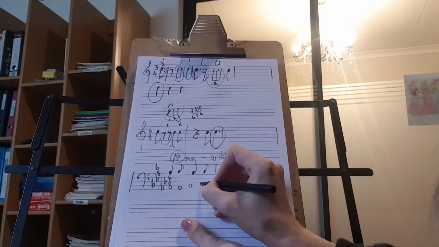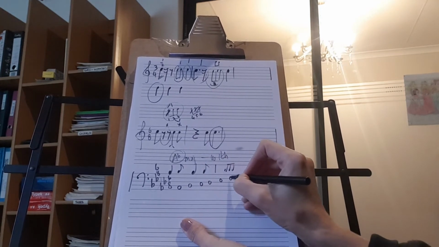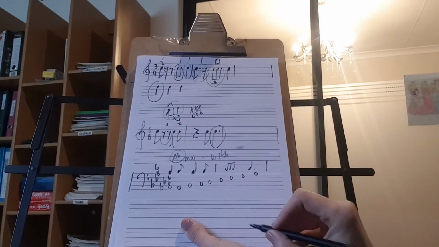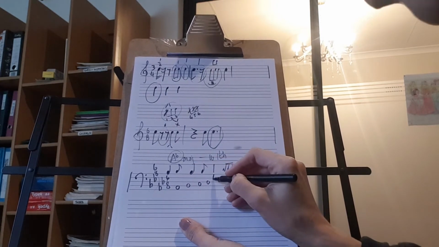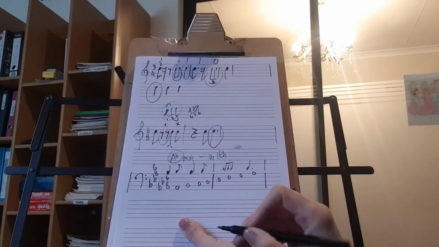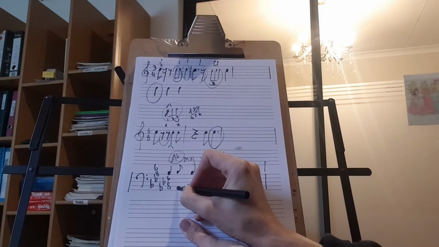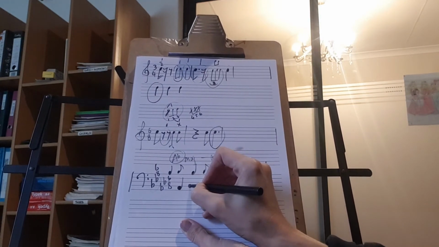A, B, C, D, E, F, G, A. Then you'll see there are 4 notes, then it's your bar line. So then you make it those values. That one must be like that.